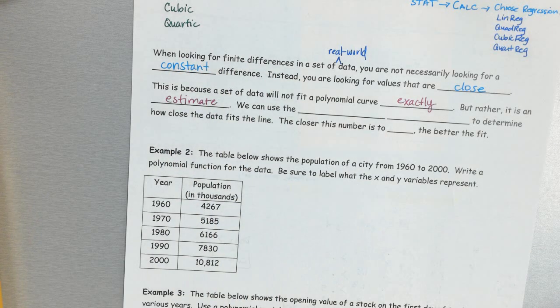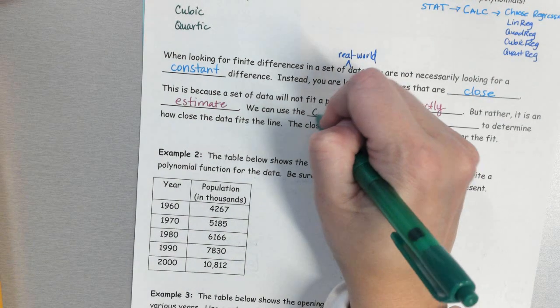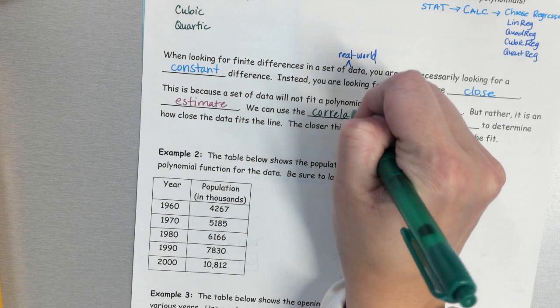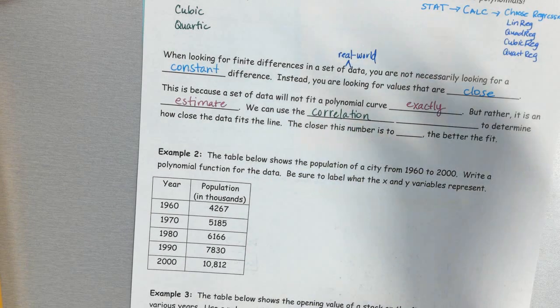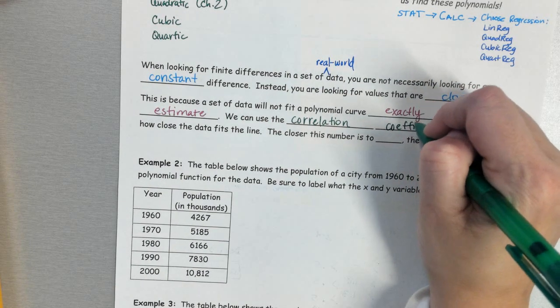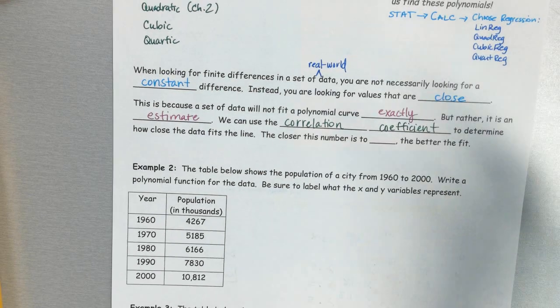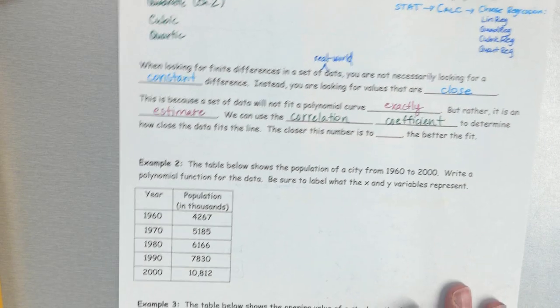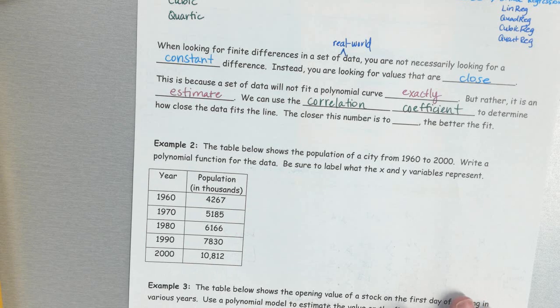And then what we're going to use is something that we've used before called the correlation coefficient. You guys remember that buddy of ours? The correlation coefficient. I actually talked to somebody today who had to find the correlation coefficient by hand, and it made them cry.